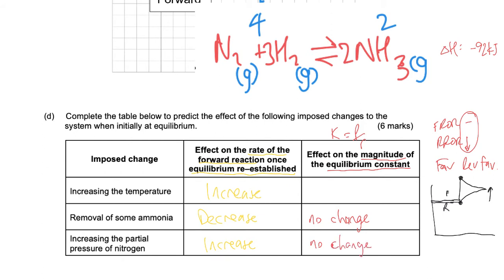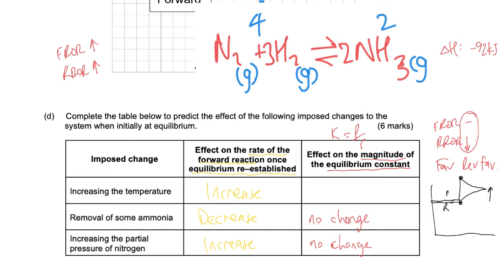However, with the effect of the magnitude of equilibrium constant on increasing temperature, we have to consider whether this is an endo or exothermic reaction. It happens to be an exothermic reaction forward. If it's an exothermic reaction forward, the forward rate of reaction goes up, and the reverse rate of reaction goes up.